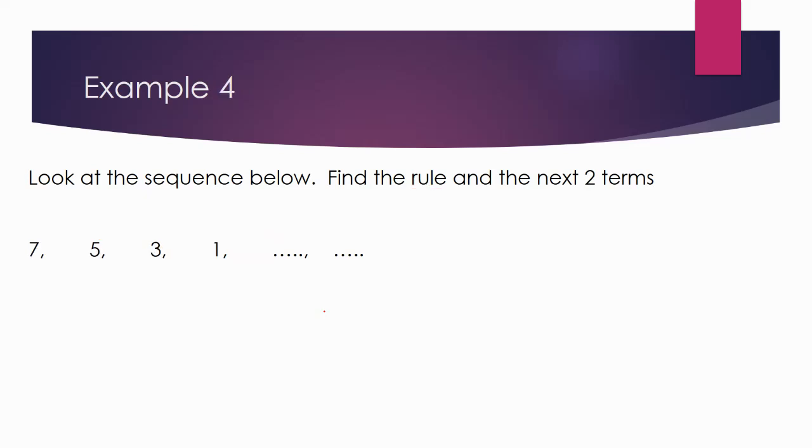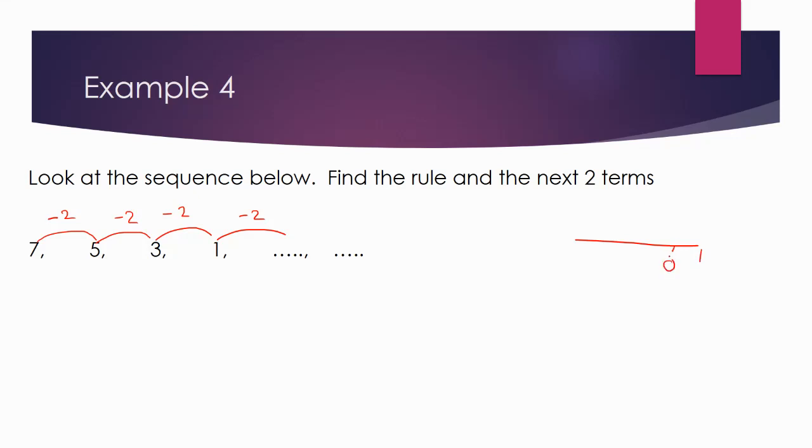Example 4. So we're going to find the rule and the next 2 terms. So how do we get from 7 to 5? Okay, so this time we're going to take away 2. 5 take away 2, yep, works, gives us 3. Take away 2 again. Not sure, have our number lines. So we've got 1.